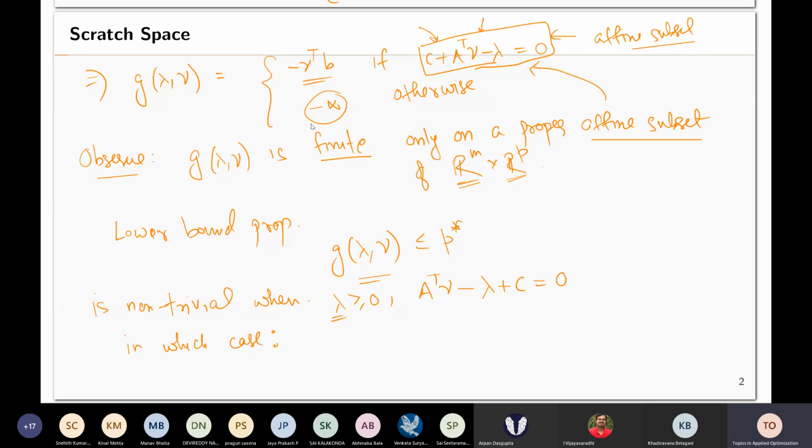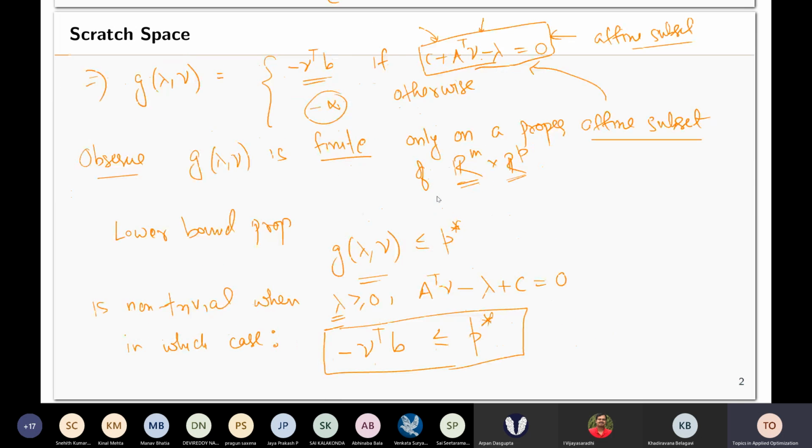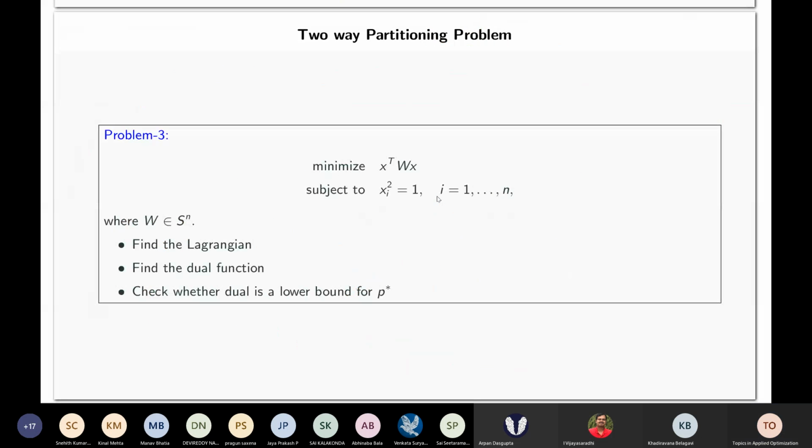In which case we have minus nu transpose b is less than or equal to p star. So this is worth looking at. This lower bound may be more useful than minus infinity. This is another way we get a lower bound on the optimal value of the linear program.